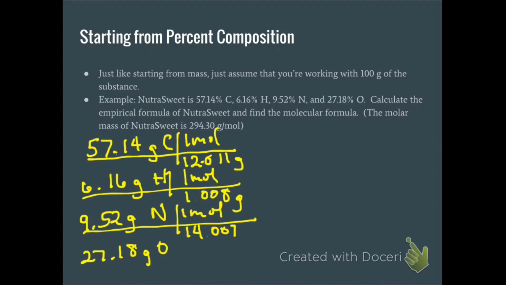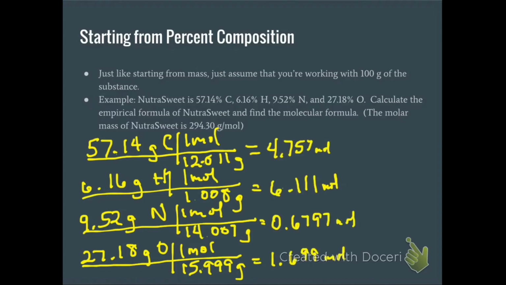I apologize if yours works out to 14.006. That's one of those that varies a bit from periodic table to periodic table. And then our oxygen is going to be 15.999 again. All right, so all our numbers are on the bottom. We're going to divide them all.